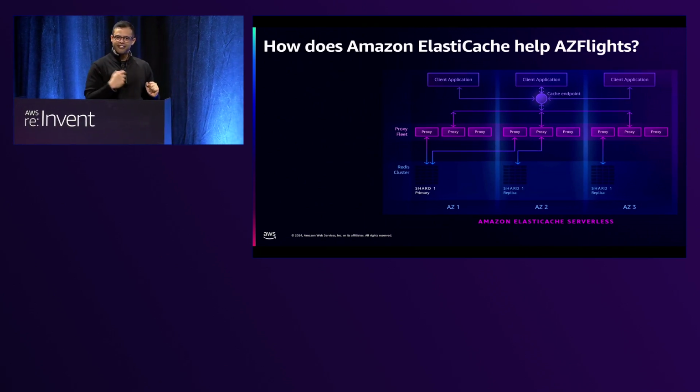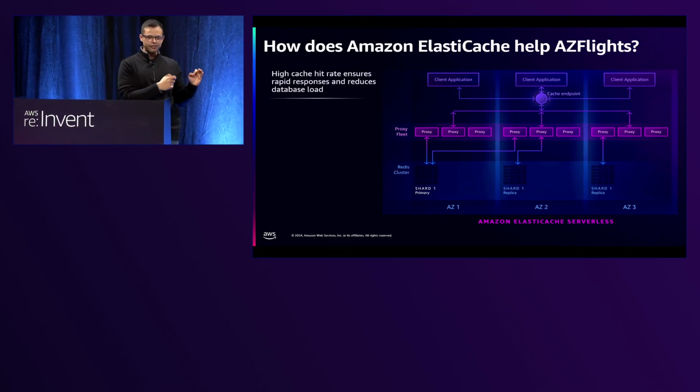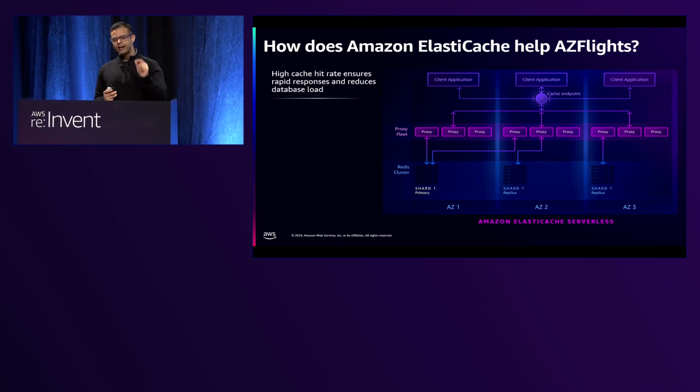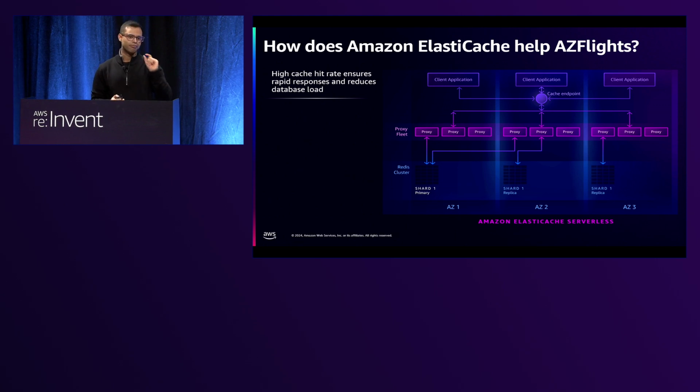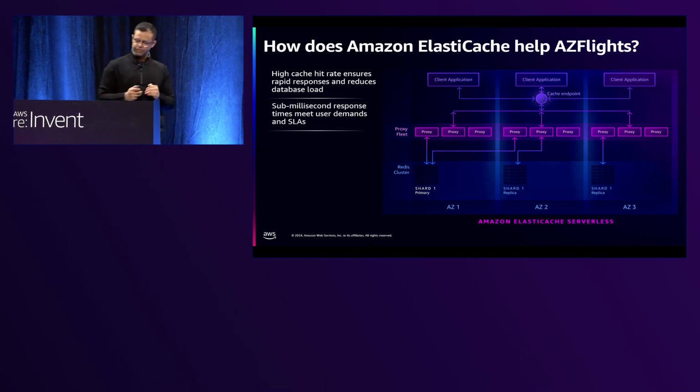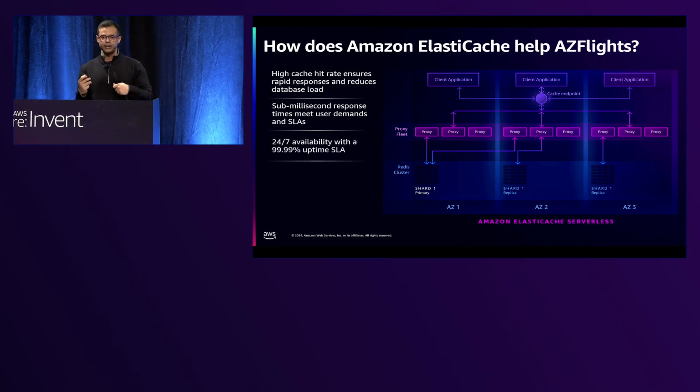A high cache hit rate, just because it's a caching solution, also ensures it will give you a very high cache rate. It'll ensure that it'll meet our customer responses in sub-milliseconds every single time, consistently. It'll also reduce the load on your databases. Number 2, it ensures consistent, predictable response times. It maintains four nines of availability and uptime. So this is due to the service guarantee.